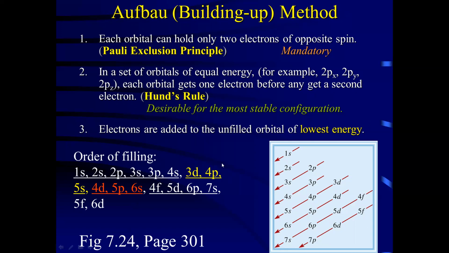So you can write down the superscript number on each orbital, depending on how many electrons we have. For example, carbon has 6 electrons, so you write 1s2, 2s2, 2p2, and it is done. It's finished because carbon only has 6 electrons.